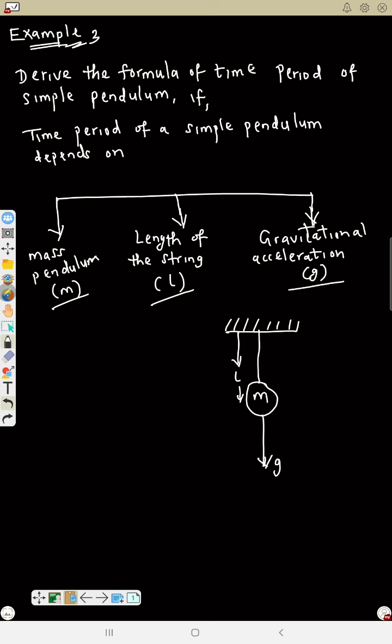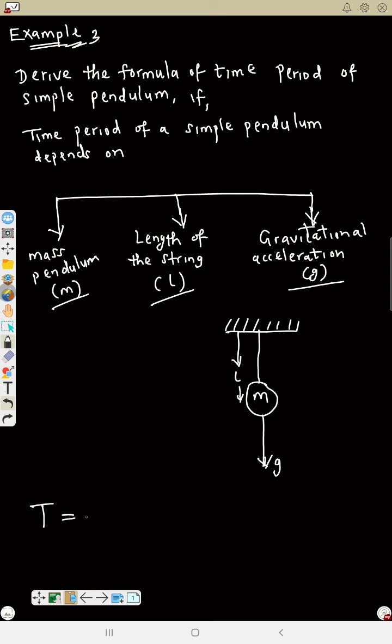Now, to use dimension to derive a new formula, for this kind of question, we can say that the expression of T, that is period, should be in this form. So T should be in this form.